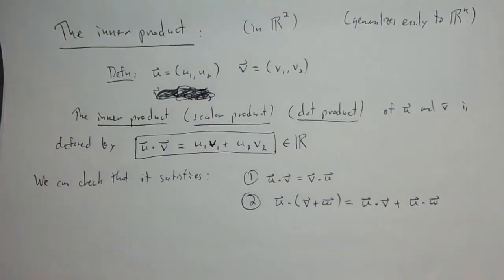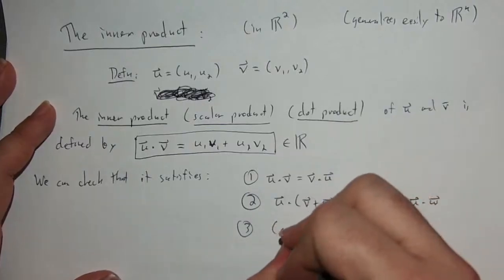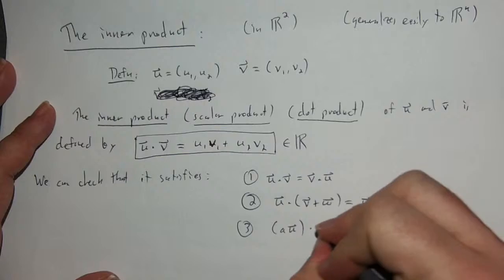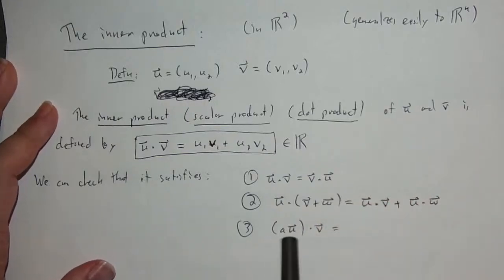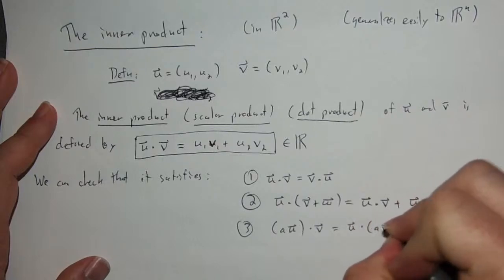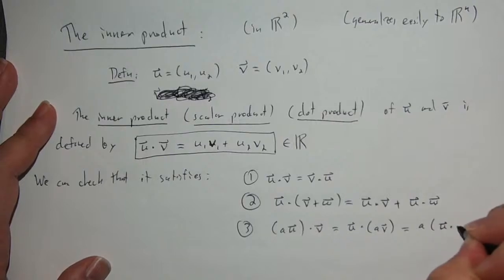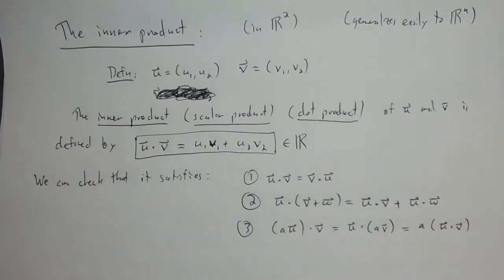And lastly, it behaves well with respect to scalar multiplication. In fact, you can pull scalars through this product entirely. So scalar multiplying in one slot of the product is the same as scalar multiplying in the other slot, or the same as doing the product and then scalar multiplying at the end. So it behaves well with respect to the only other two vector operations we currently have, vector sum and scalar multiplication.